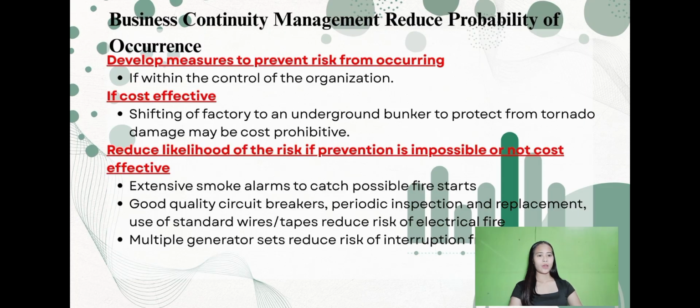Reduce the likelihood of the risk if total prevention is impossible or not cost effective. So, if you cannot fully prevent a risk, then business continuity management focuses on reducing the chance that it will occur.